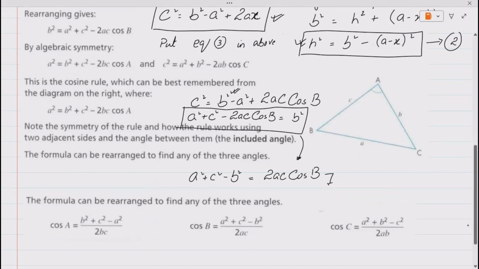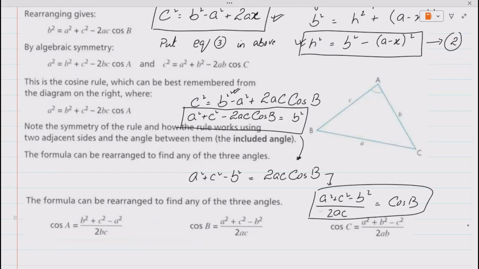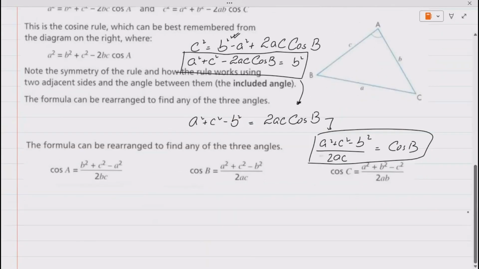So this becomes a square plus c square minus b square divided by 2ac is equal to cos b. So this is the second variant of the same thing, right? So here you can see that we found the formula b square is equal to a square plus c square minus 2ac cos b.